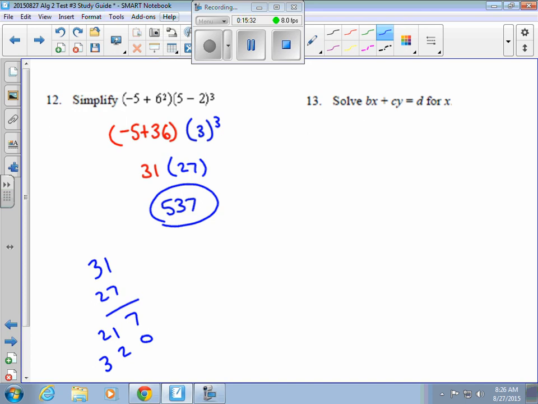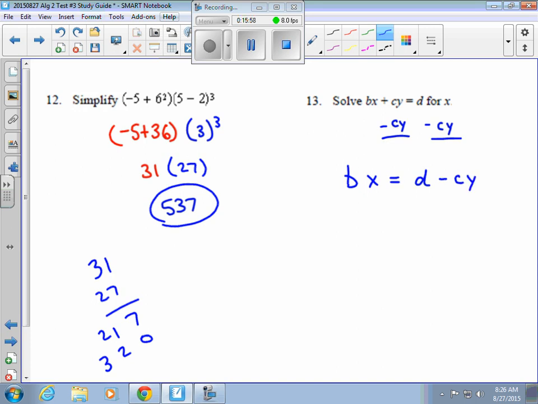Solve bx plus cy is equal to d. Solve for x. So this is going back like a couple problems ago. Get x by itself. Undo addition and subtraction first. So subtract cy on the left, subtract cy on the right. So now we have bx is equal to d minus cy.